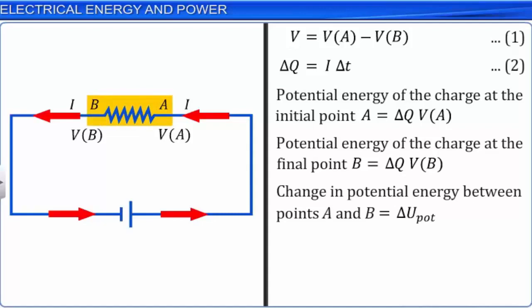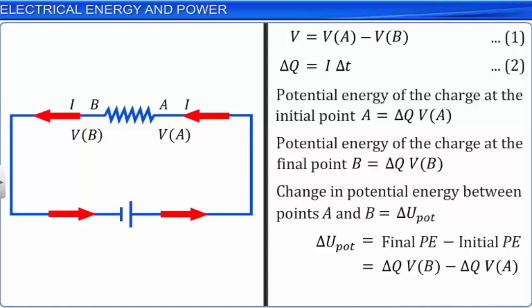which is equal to final potential energy minus initial potential energy, which is equal to delta Q into (VB minus VA). From equation 1, we know that V is equal to VA minus VB.